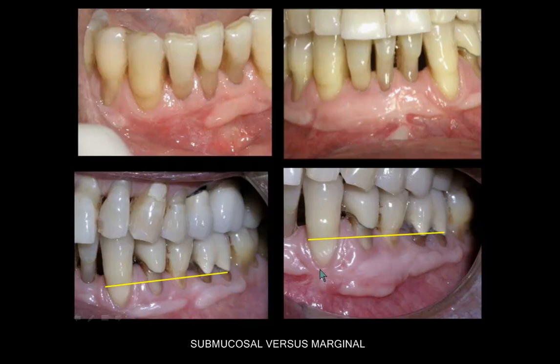As you can see, the mucosal margin is passing the demarcation line or at the demarcation line of the mucogingival margin, and you have here the papillae at the height of the cemento-enamel junction.